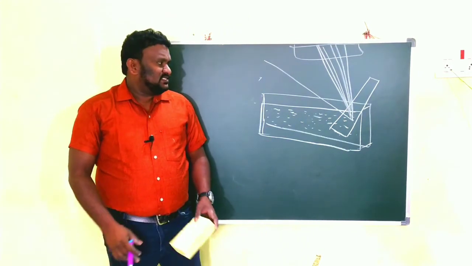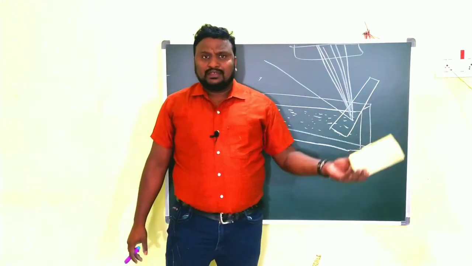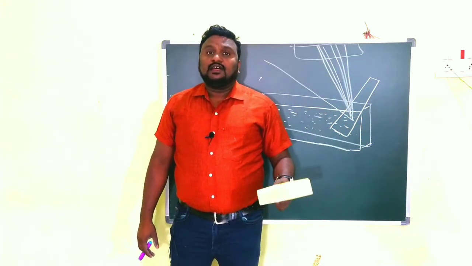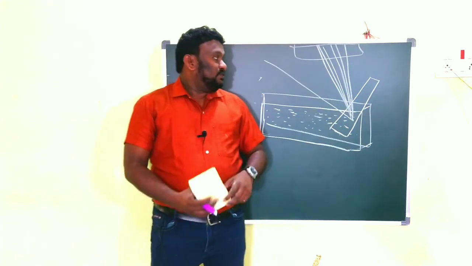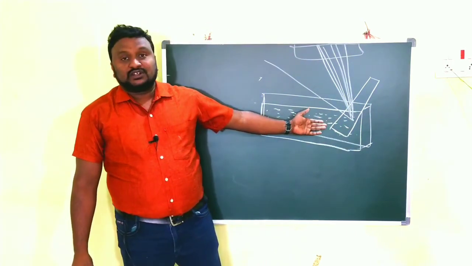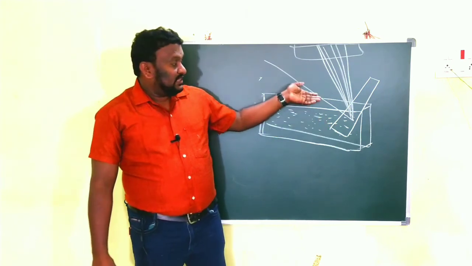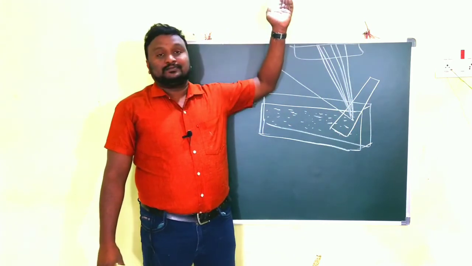Again the same VIBGYOR colors. Simply we are taking a glass tumbler. In that we keep a plain mirror, with some portion of the mirror inside the water, and the mirror must make some angle with the water surface. When white light falls on the water, which is a transparent material, the light is incident on the mirror and reflected back.